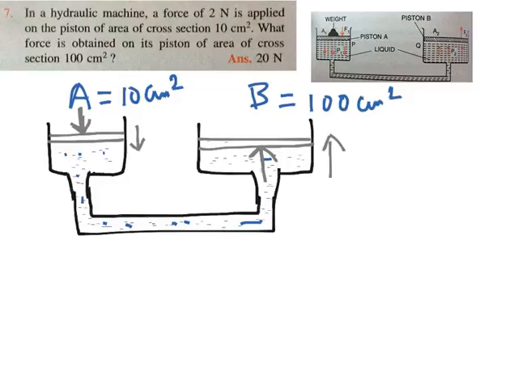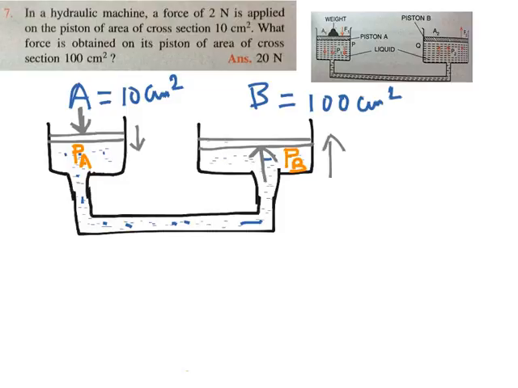For this, we have to recall one very important law called Pascal's law. It states that the pressure exerted anywhere in a confined liquid is transmitted equally and undiminished in all directions throughout this liquid. So if I say there is a pressure here at A as PA, this pressure is transmitted throughout this liquid and hits this point with PB.